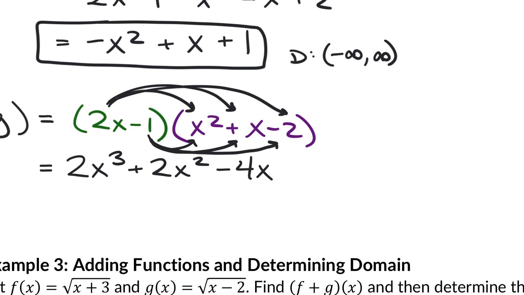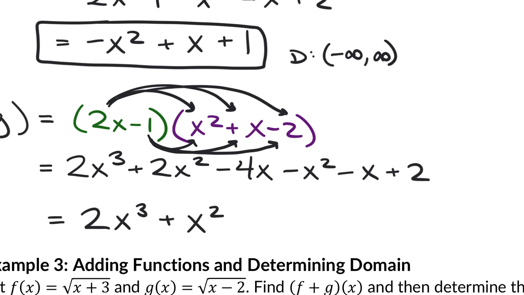We end up with negative x squared minus x plus 2. Then we have our cleanup step, because we have a couple like terms all separated, so we're going to write it in standard form. This would be 2x cubed plus 1x squared minus 5x plus 2.